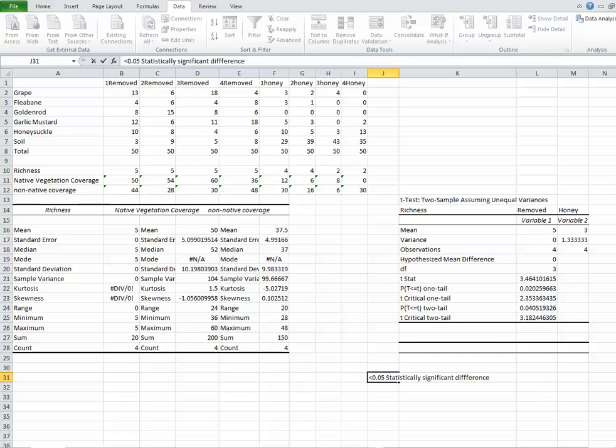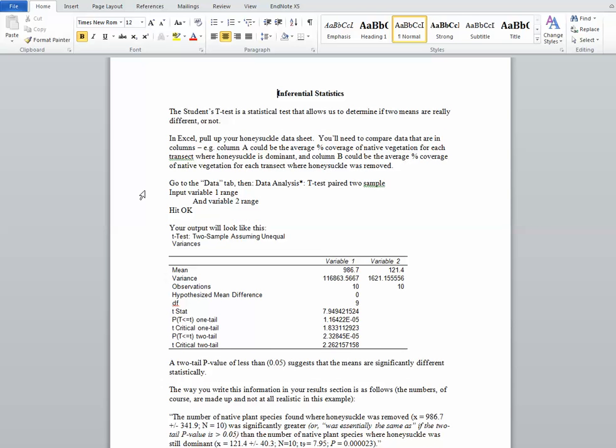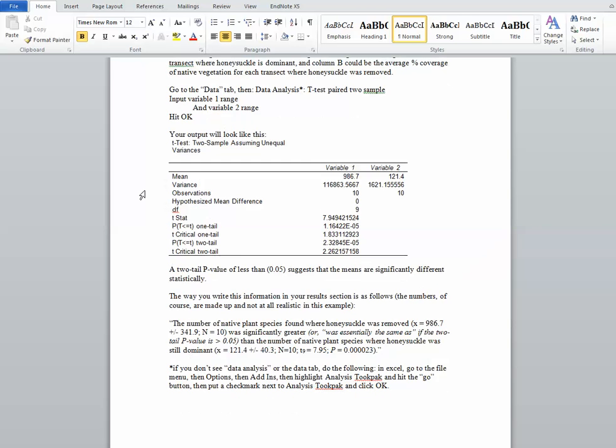All right, let me switch over to a handout here. And this handout sort of walks you through what I've just done, but what I want to point out is this is the same type of table that we just saw doing our t-test.